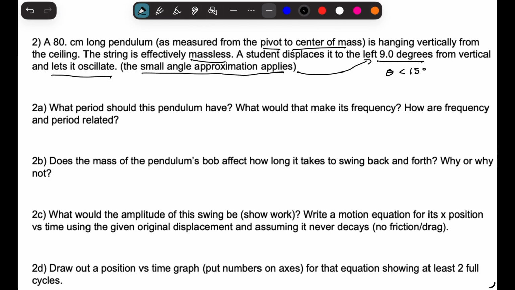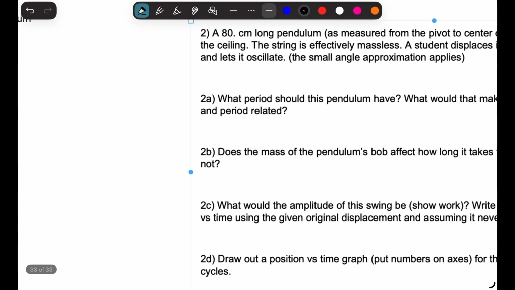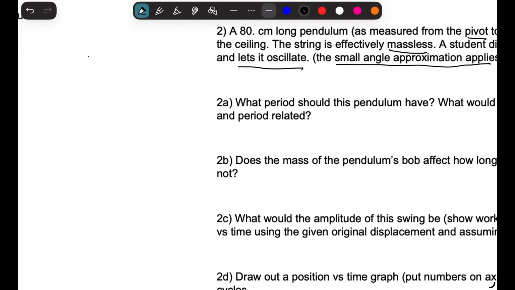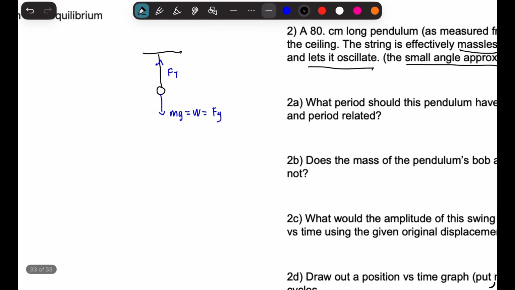So let's start with our forces. For this, we have our pendulum hanging from the ceiling. Upwards, we have the tension Ft. Downwards, you have your weight, mg, Fg.